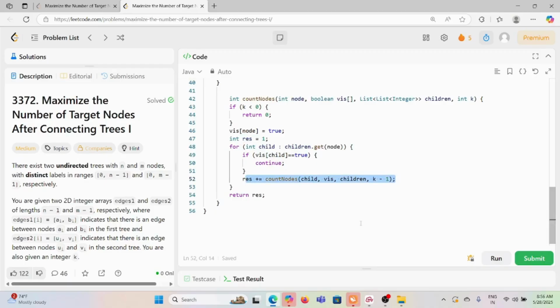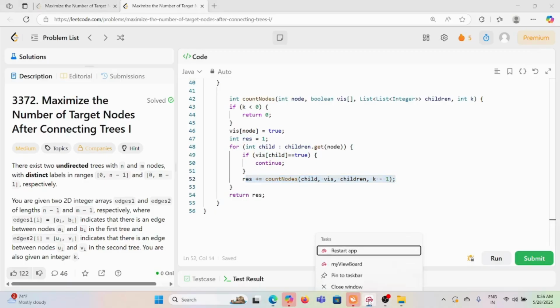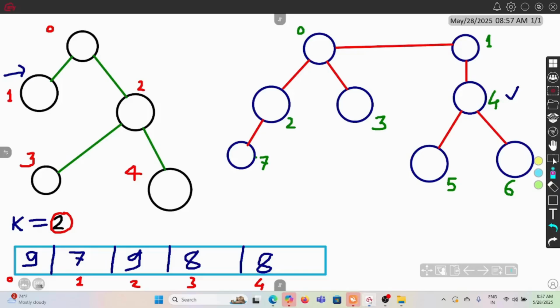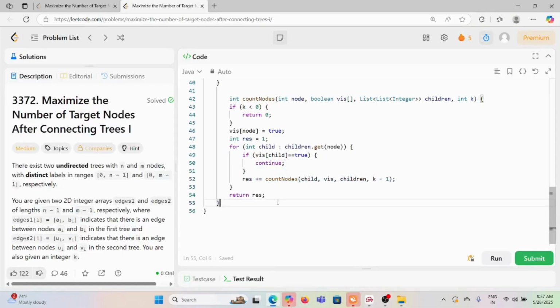Because recursion works like a stack, when 0 is returned, then on top of that it returns 1, then the sum of that, right? In that way, finally we would have this res variable with all the count from this node at most distance of k.